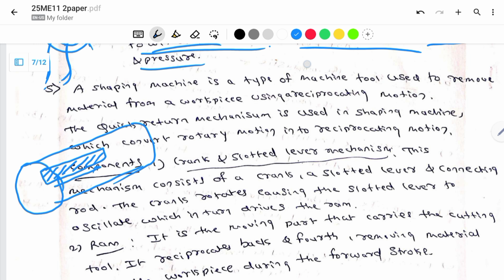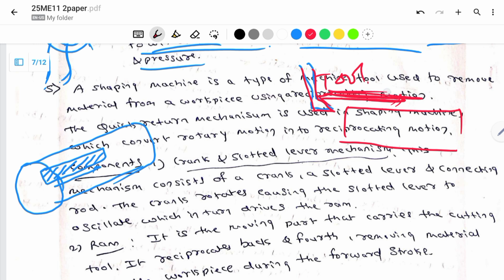When you are machining such a component, the tool will be placed like this, and somewhere here the job will be placed like this. This tool will reciprocate in this direction, front and back, front and back.